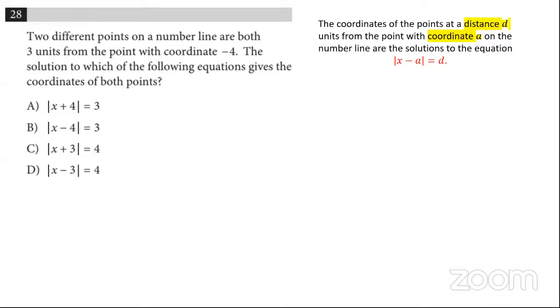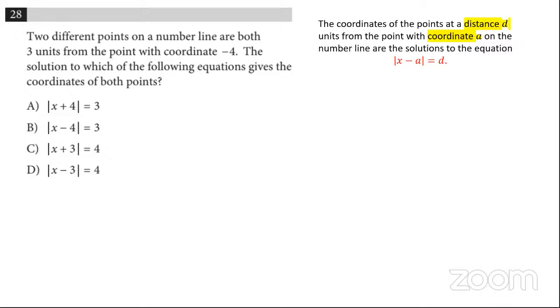Okay, so using this in our question, the distance is given to be 3 units. So d equal to 3 and our coordinate is given to be -4. Using that, our required solution will be very easy to find. You guys got it?